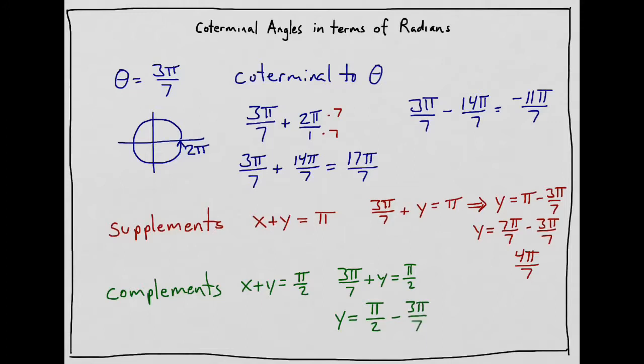And so again, we need a common denominator. This time, I need to multiply the second fraction by 2 and the first fraction by 7. And the common denominator will be 14. So I get 7 pi over 14 minus 6 pi over 14. And so the complement to 3 pi over 7 turns out to be pi over 14 radians.